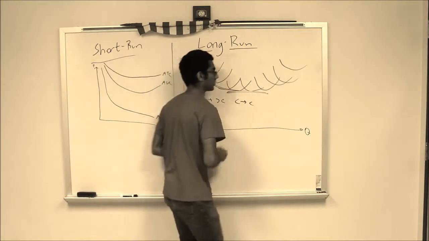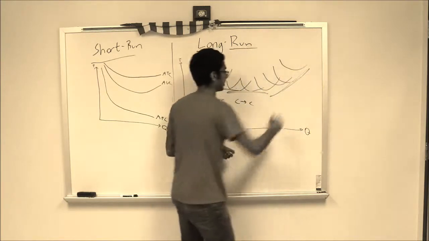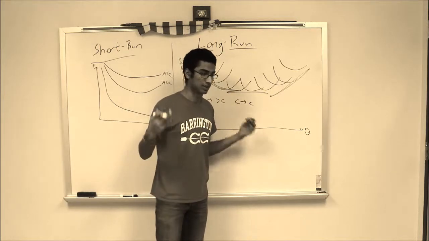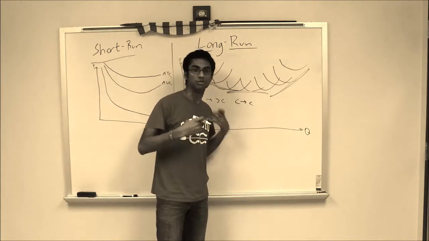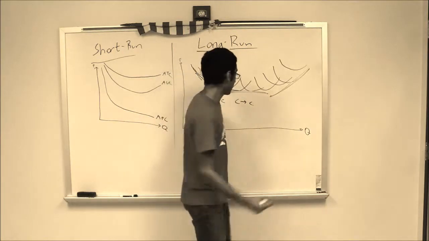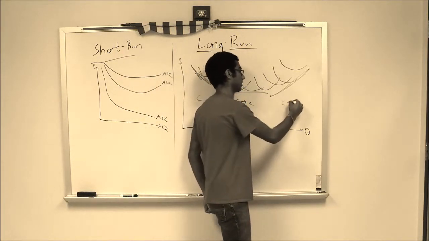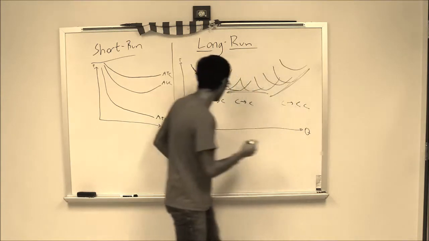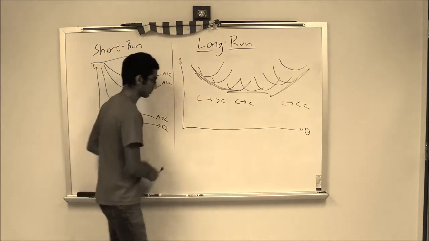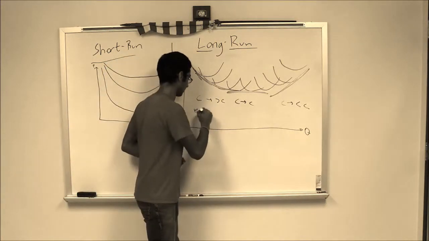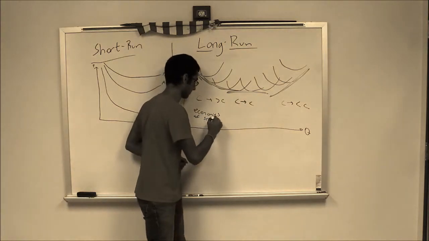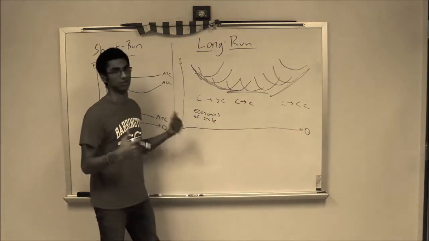Now, over here, you have a period where the company is too large to function efficiently. You can still get bigger, but getting bigger doesn't do as much good as it used to. Scaling production up by C gets you less than C. So this part we call economies of scale, because scaling is good.